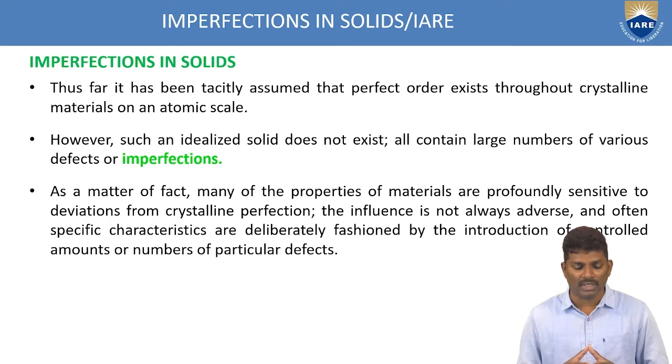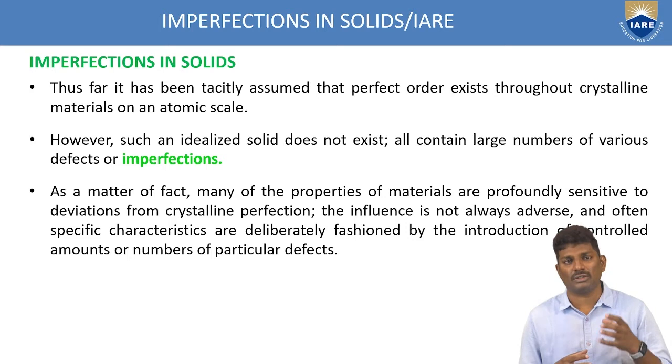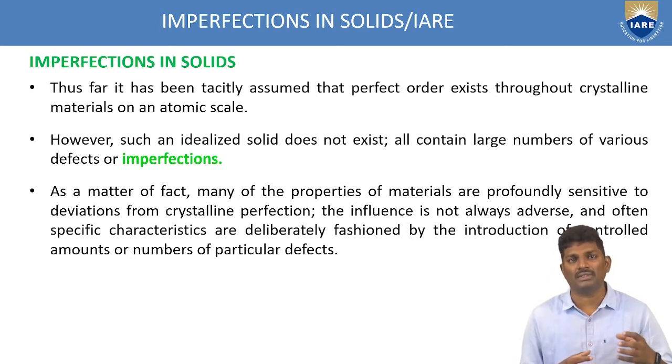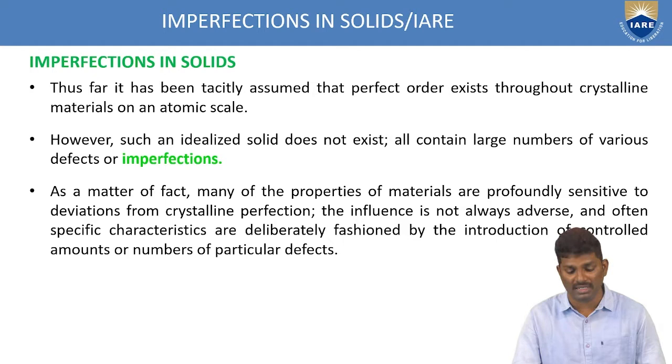We'll see now. All the materials which contain some defects are called imperfections. What does an imperfection mean? An idealized solid body which has some defects is called imperfect. As a matter of fact, many of the properties of materials are profoundly sensitive to deviation of the crystalline structure.